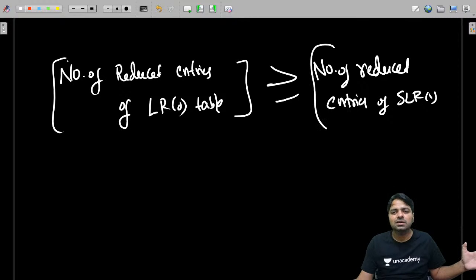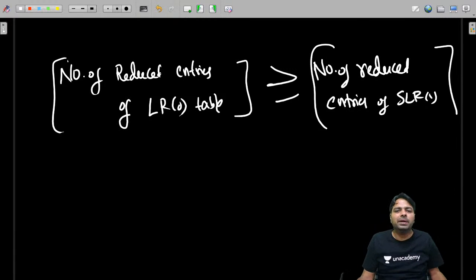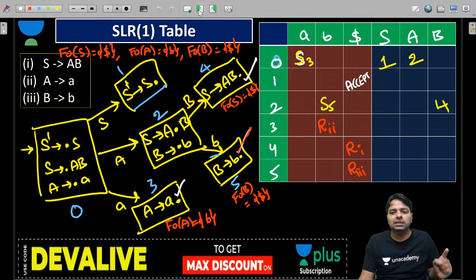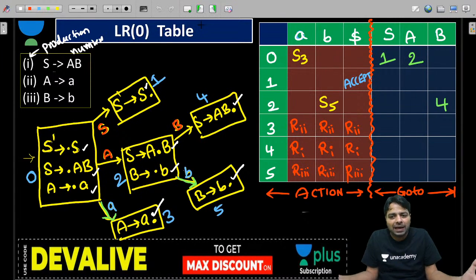The reason is that SLR1 looks at the specific followers based on the grammar, but LR0 has no such power. That's why in the table, the shift entries and state entries are the same, but only the reduced entries are more in LR0, so there are fewer blanks.